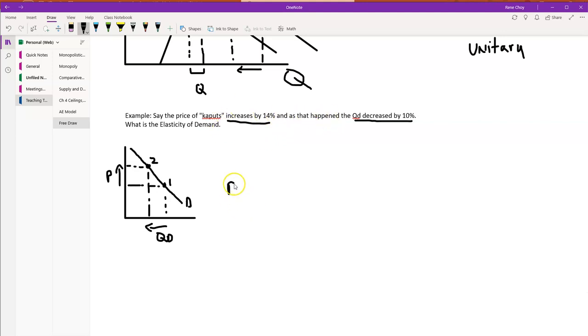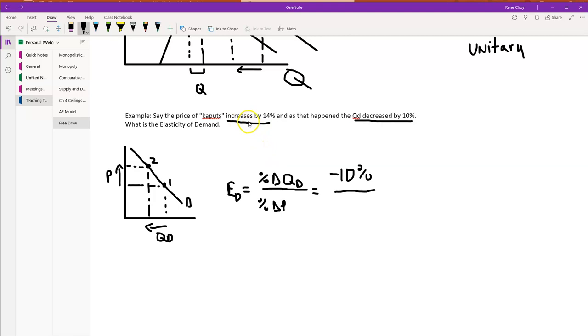Well, elasticity of demand is equal to the percentage change in quantity demanded divided by the percentage change in price. So if my percentage change in quantity demanded is 10%, notice that it is a 10% decrease, so it's negative.